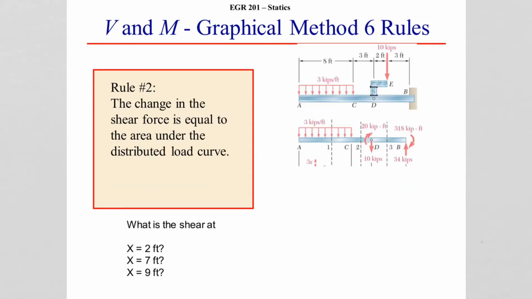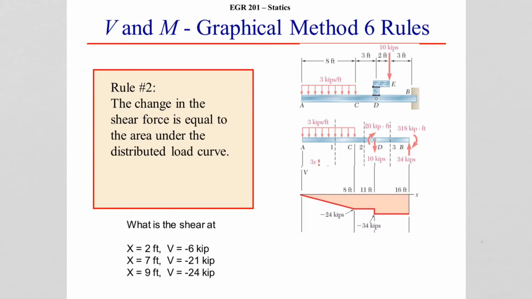The next rule says the change in the shear force is equal to the area under the distributed load. So if we look at this, we have a distributed load here of 3 kip-foot. If we multiply it times our 8, it's constant, it will go down to a negative 24.